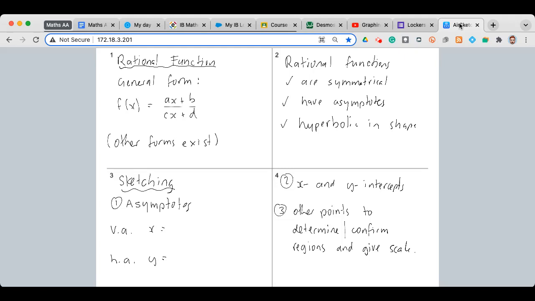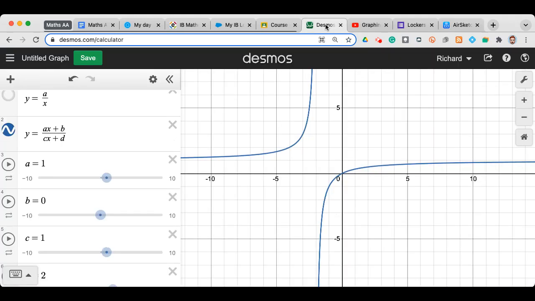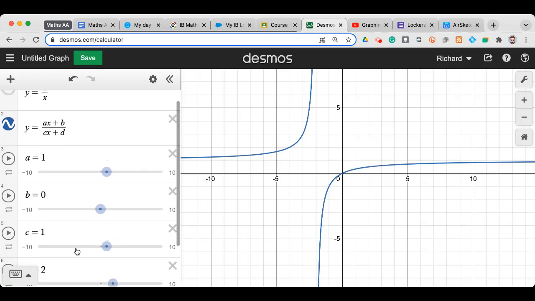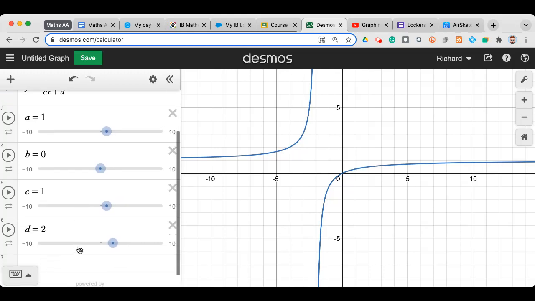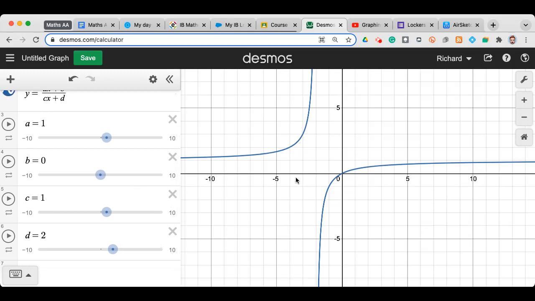Okay, so looking at Desmos again, and I'll flick back to this, so I won't be long on Desmos. Our denominator is cx plus d. At the moment, it's just x plus 2. If I look at the vertical asymptote, the value of y, the value of the function, is going to approach infinity or negative infinity at this point here.